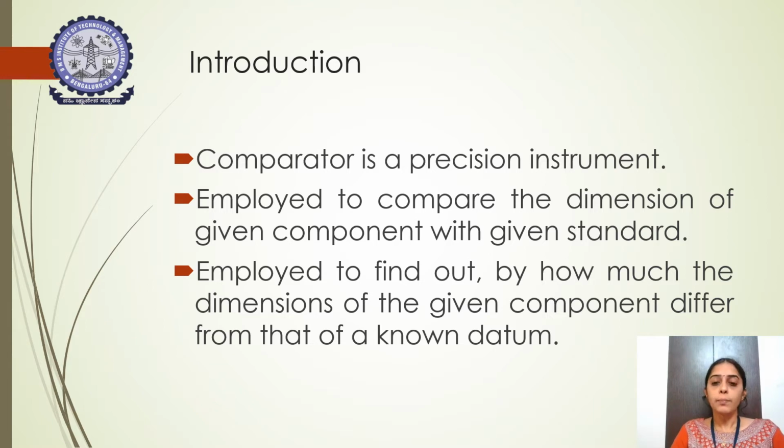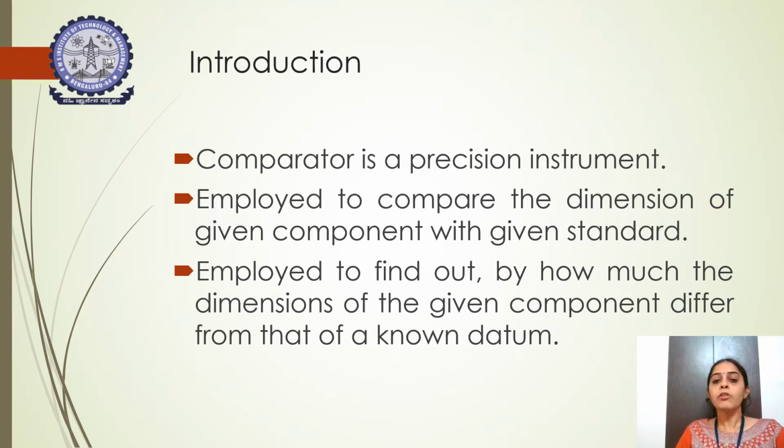Usually, in order to compare with a precision instrument, some standard will be given. The standard is the actual exact information with all dimensions and specifications. This standard will be used to compare its dimension using the comparator, to check how close it is to the given object.